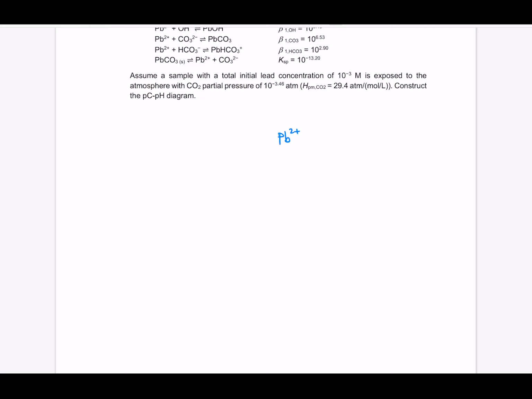Pb2+. What is the complexation branch? So the first complexing agent is hydroxide, forming PbOH+, and it proceeds only with 1. And this is described by beta 1 hydroxide.